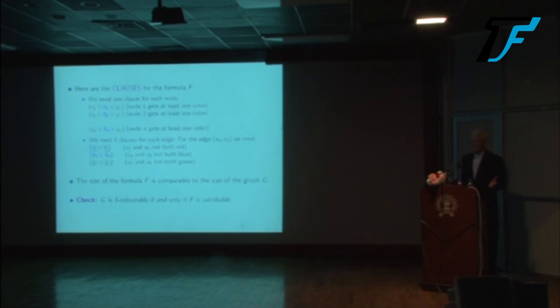This emphasizes why, intuitively, the satisfiability problem is NP-complete. It's easy to do this in general. There are easy reductions, and of course you can carry them out in polynomial time.